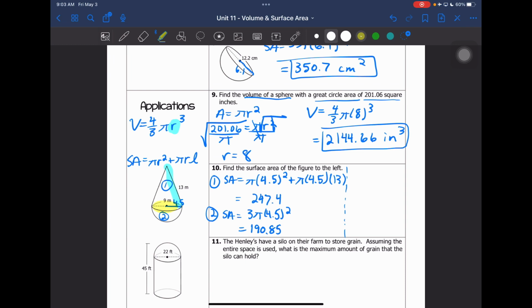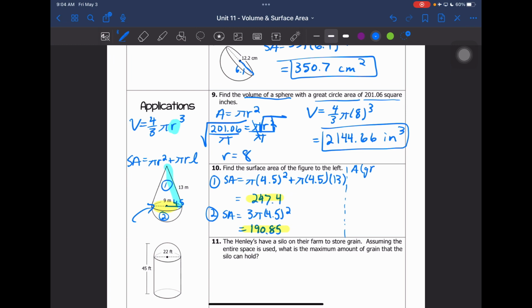Up to this point, we have counted it. It was considered part of this, and it was considered part of that. So we just need to subtract this area of that circle from our total in order to get the total surface area. So we can start by calculating the area of that circle.